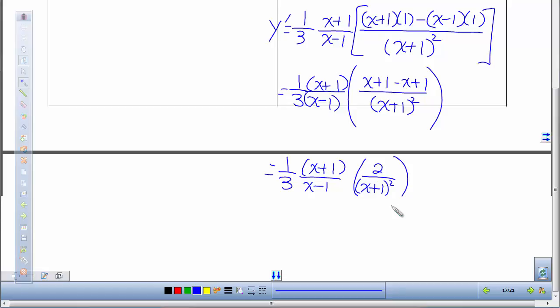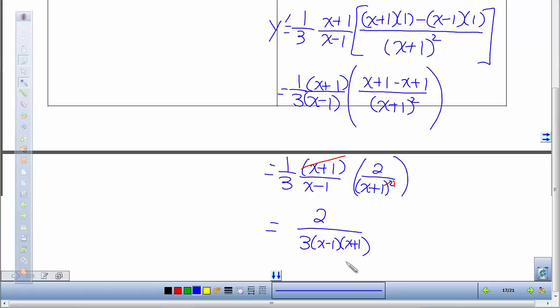And I think I can cancel one of these x plus 1s with 1 down here in my denominator. And so we get 2 over 3 times x minus 1 times x plus 1.